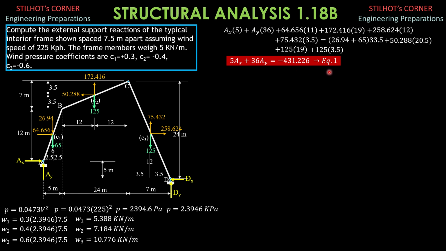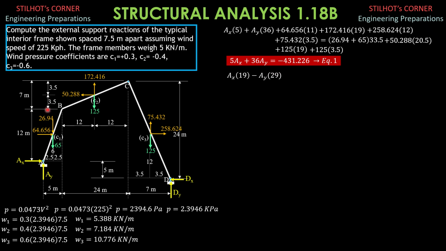Call that equation 1. Next, we consider portion ABC. We sum up moments about C equals 0, counterclockwise positive. So we have AX times 19 minus AY times 29, 24 plus 5, 29, plus 64.656.